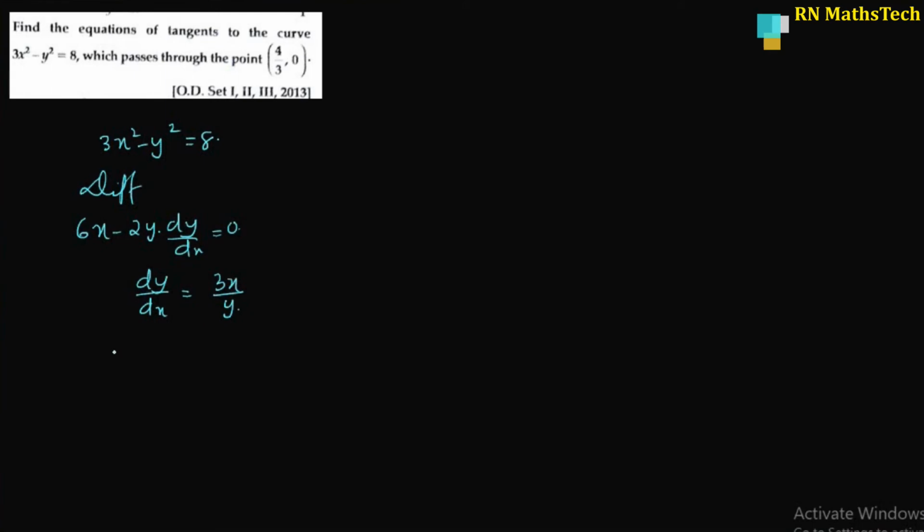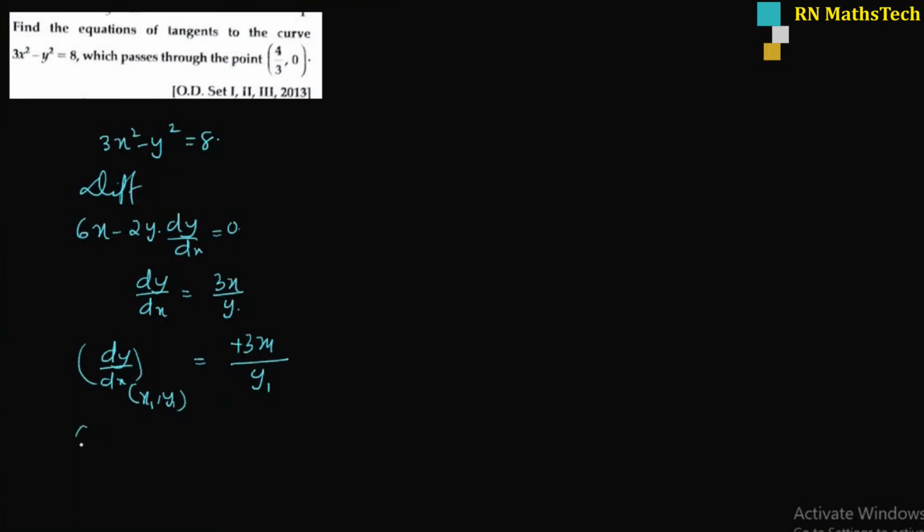Next one, find the equation of the tangent to the curve 3x square minus y square equal to 8. Differentiating, 6x minus 2y into dy by dx is equal to 0, or dy by dx is equal to 3x divided by y. Now dy by dx at x1, y1 is equal to 3x1 by y1.